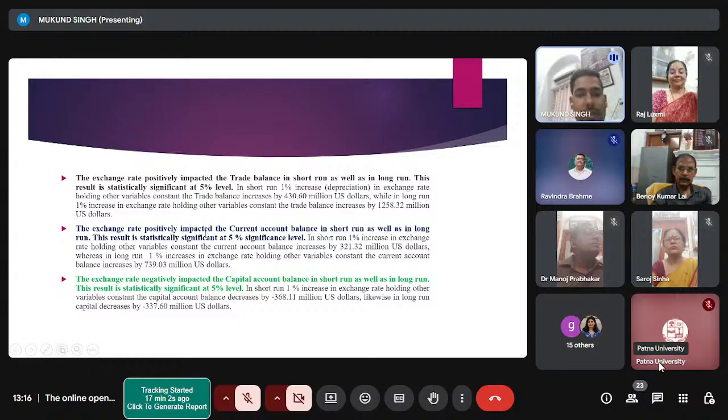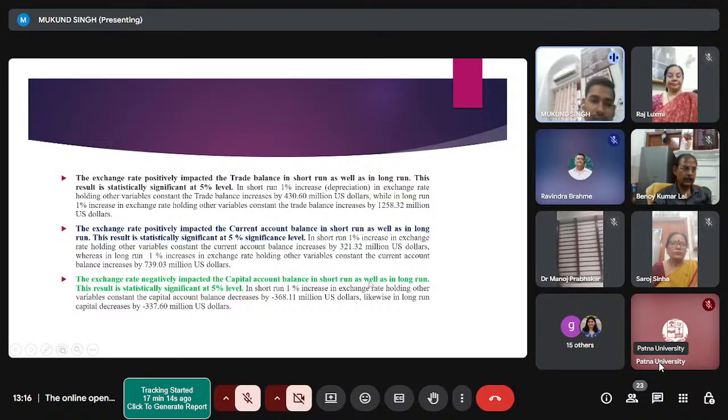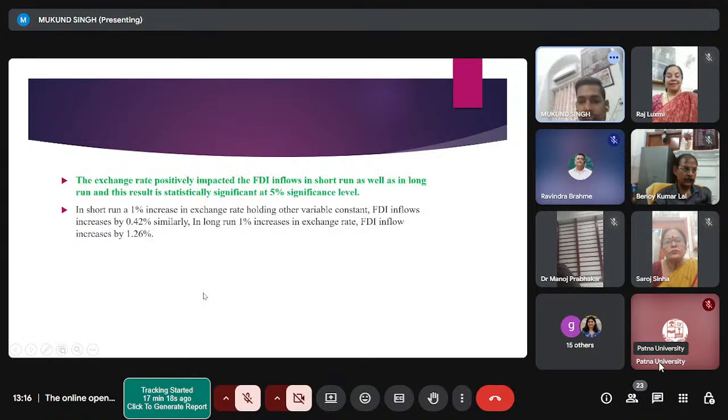The exchange rate positively impacted current account balance in the short run as well as in the long run, and this relationship is statistically significant at 5% significance level. The exchange rate negatively impacted the capital account balance in the short run as well as in the long run. This result is statistically significant at 5% level. Now, the exchange rate positively impacted the FDI inflow in the short run as well as in the long run, and this result is statistically significant at 5% level.